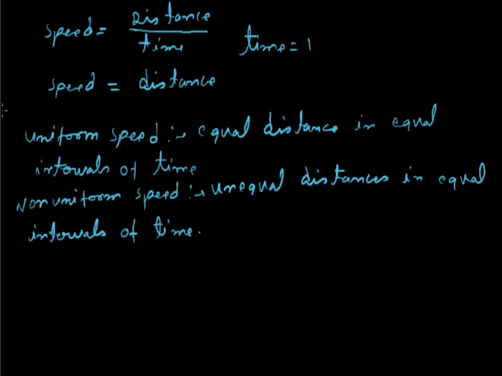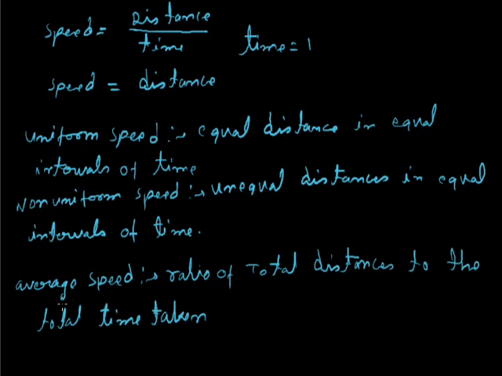It is the average speed. So average speed is the ratio of total distance upon total time taken. Ratio of total distance upon total time taken. And we'll make a formula for this.